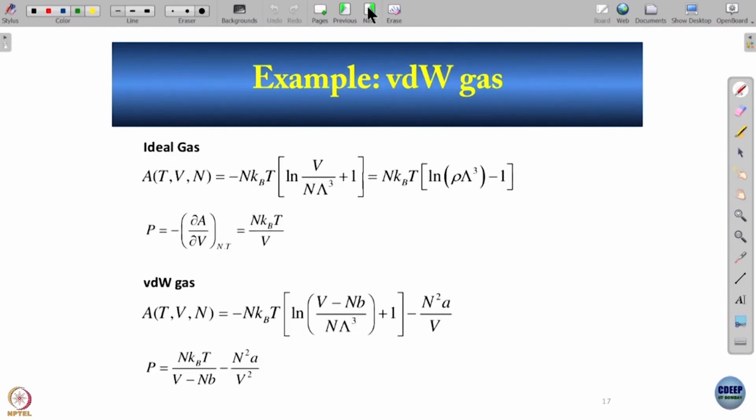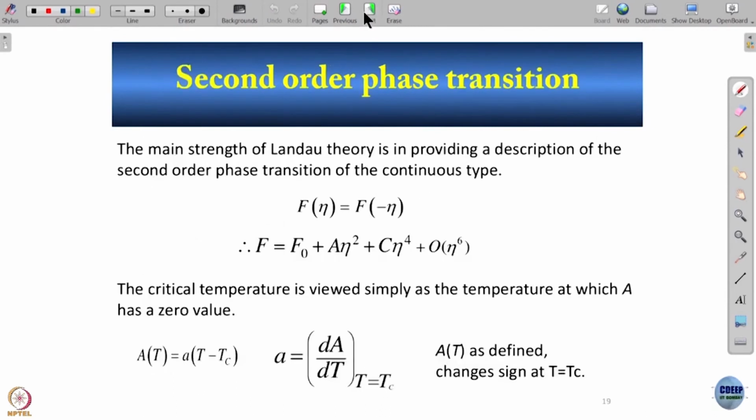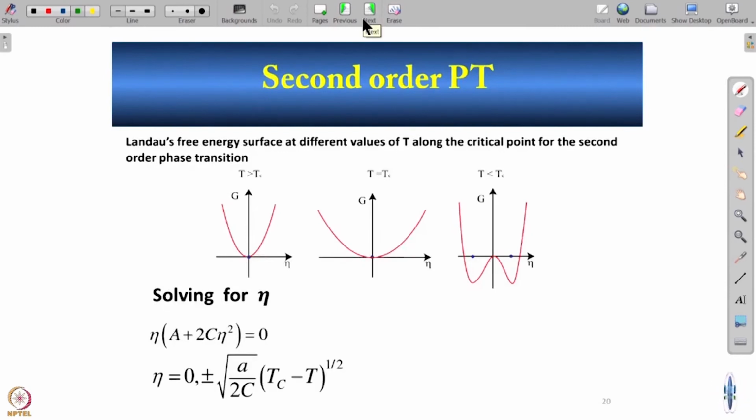He argued very nicely. He said, okay, that happens in the following fashion. The one minimum becomes flat, increasingly flat, and then the two phases become the same.